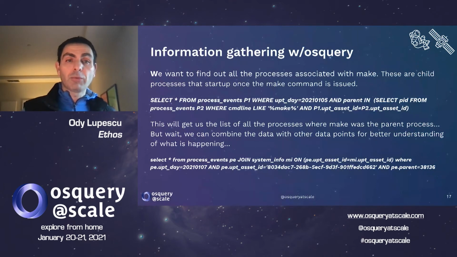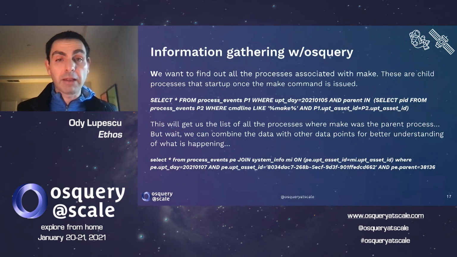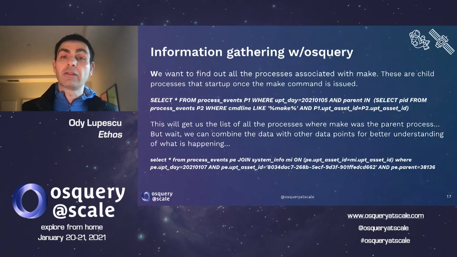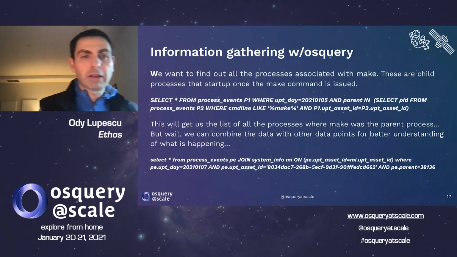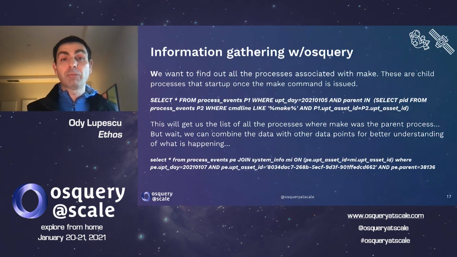Now, this is where you can, again, use Osquery to get some understanding of what exactly is happening when that command was launched. And there is the advantage of the ancestry field, and there's the advantage of having the parent relationship between processes. So I put on the screen a query that provides this.